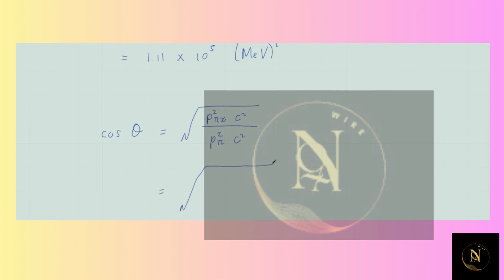And so this is the square root of 6.865 times 10 to the power 4 divided by 1.11 times 10 to the power 5. This gives the angle theta, if we take the arc cosine at the right-hand side, to be 38.2 degrees.